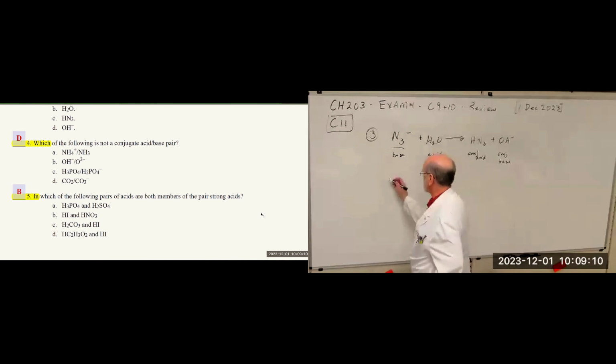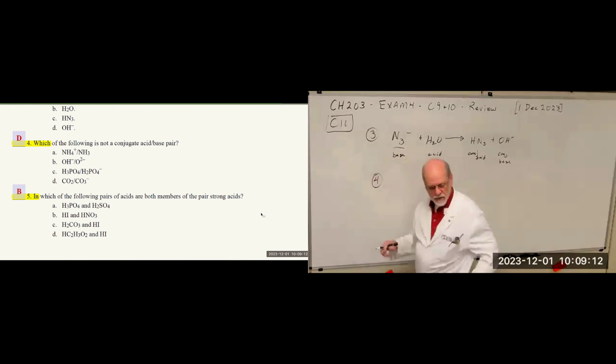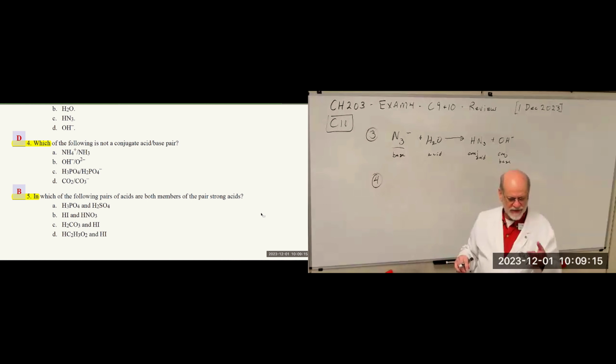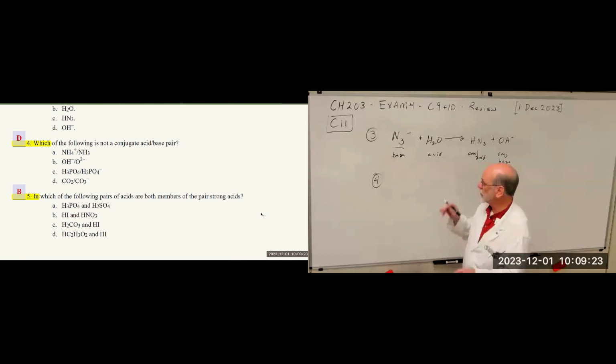So 4. We're looking for a conjugate acid-base pair, right? There are 2 conditions for identifying one. It'd be an acid on this side and a base on that side.